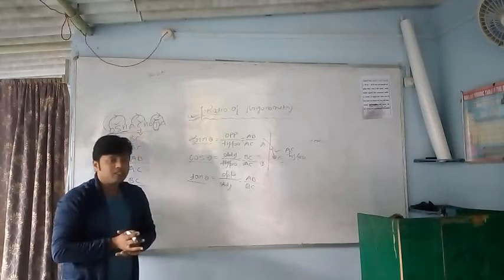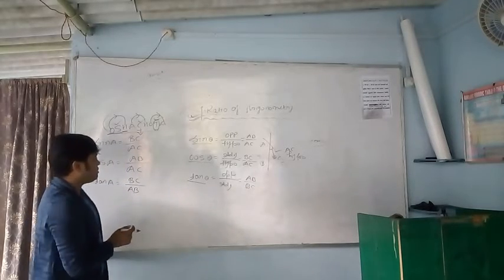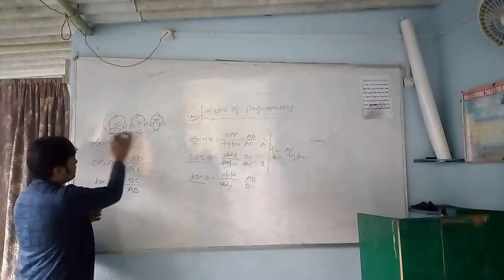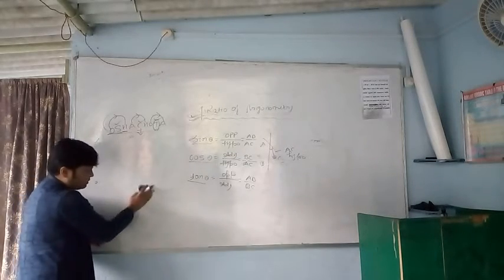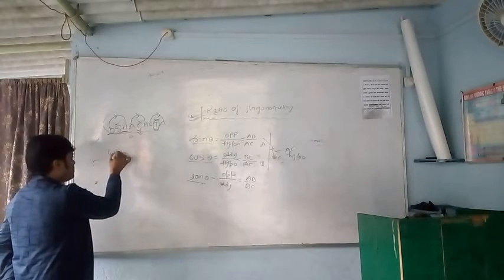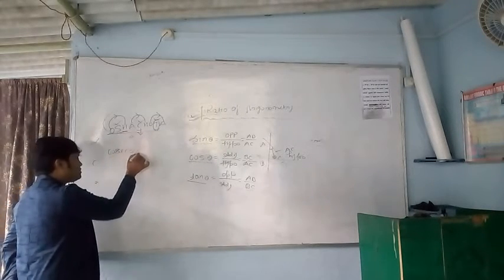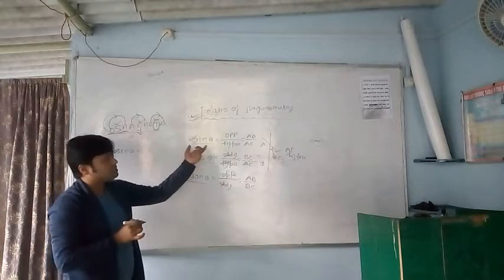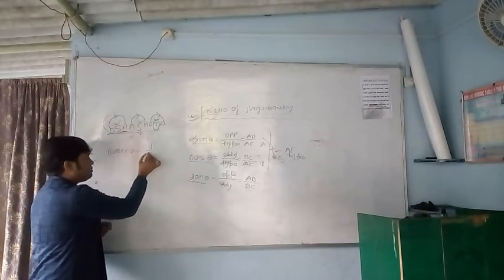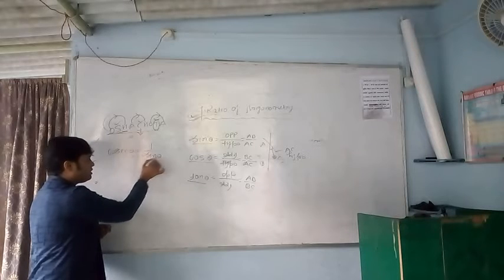Now one thing to remember: if we talk about cosec theta, you should know that cosec theta is the reciprocal of sin theta. It means 1 upon sin theta.